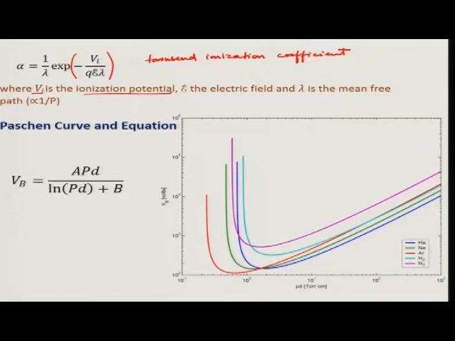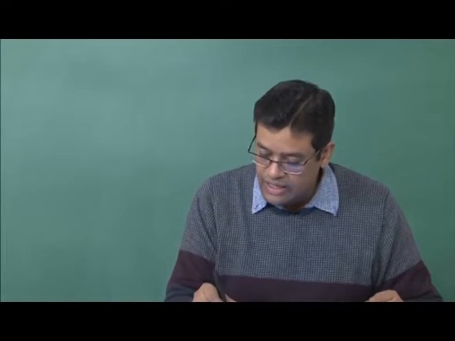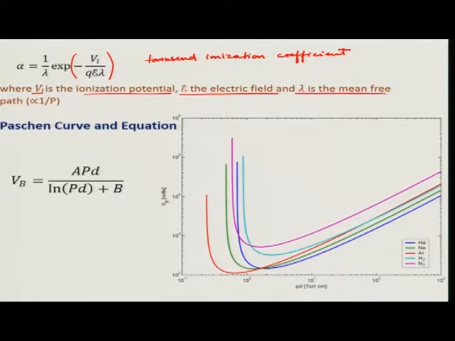It defines how much energy you require to take out one electron from the gas atom. E is the electric field, and lambda is the mean free path of the gas, which, as you might remember from the previous lectures, depends inversely on the pressure. And Q is the charge. So, we have this expression for alpha.